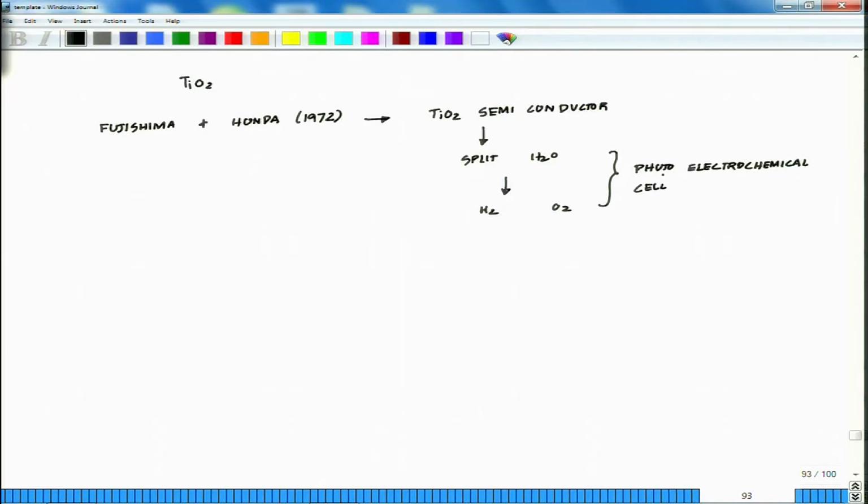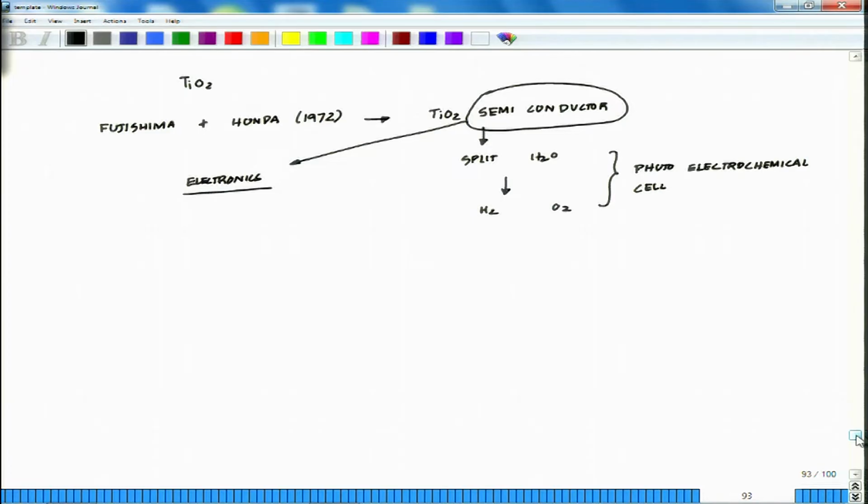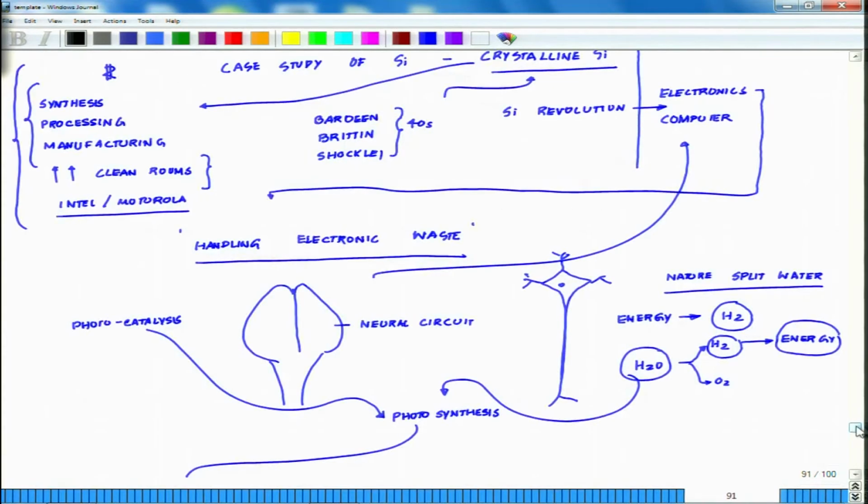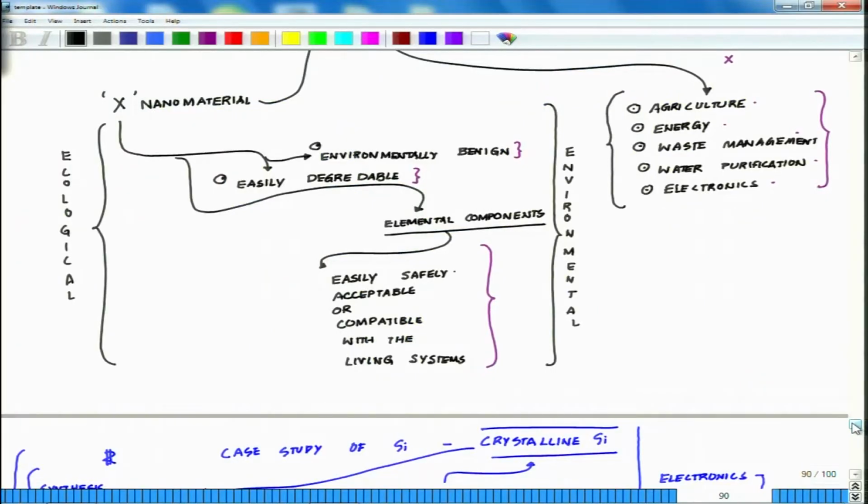This work has triggered the development of semiconductor based photocatalysis for a wide range of environmental and energy applications. Whenever we talk about semiconductors, we talk about electronics, right? And this is what I was trying to highlight in the last few lectures. If you go back, this was what I was trying to highlight: multifunctional.